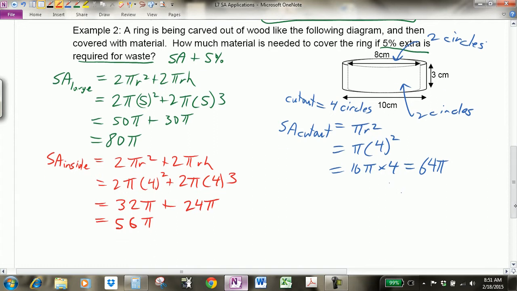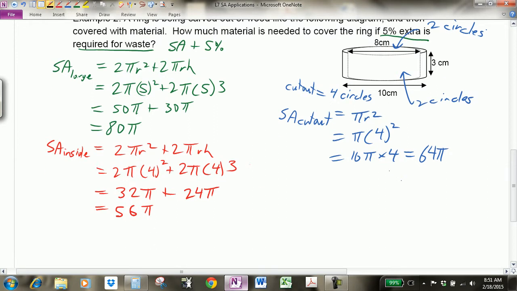Okay. So then I want you to find your surface area total, please.